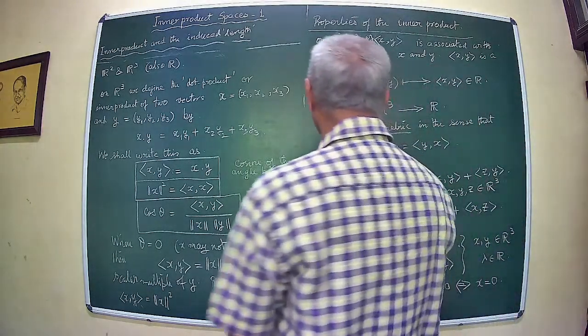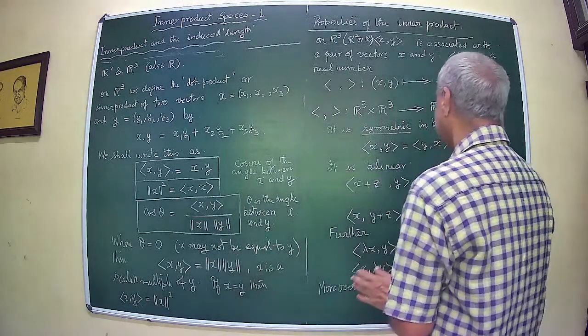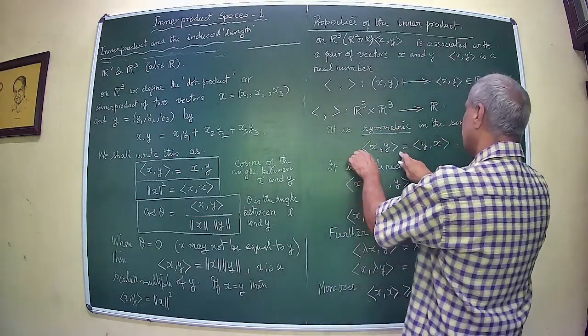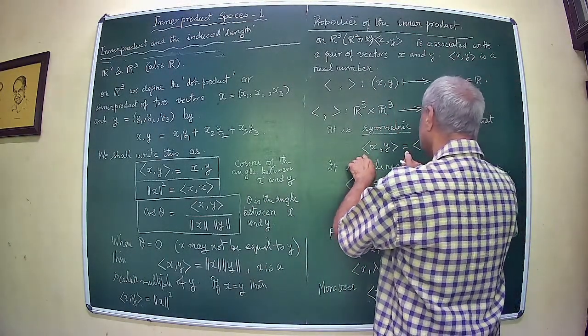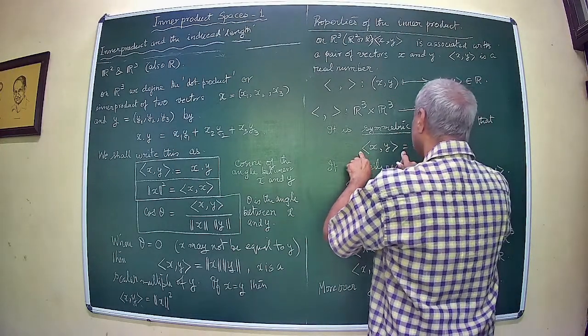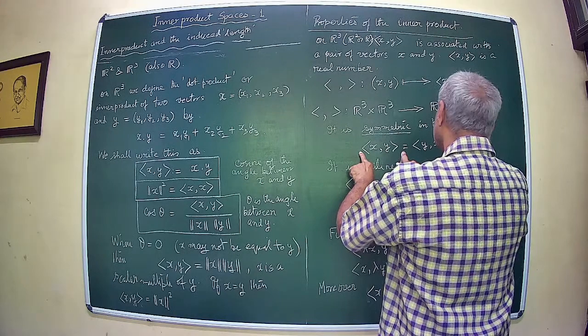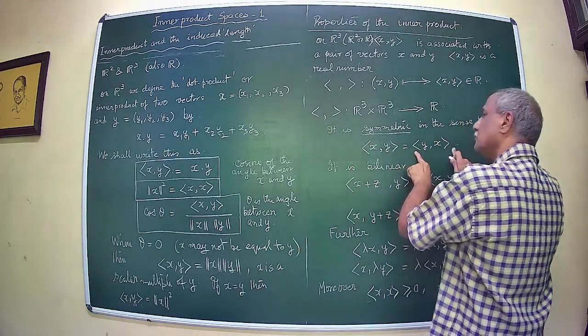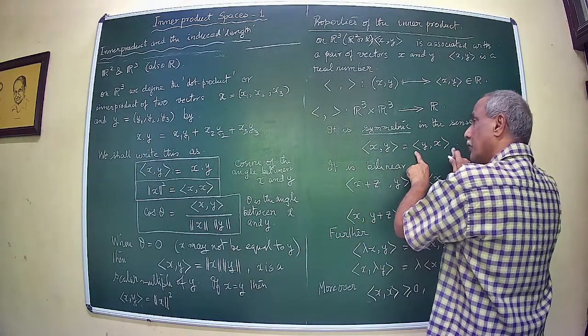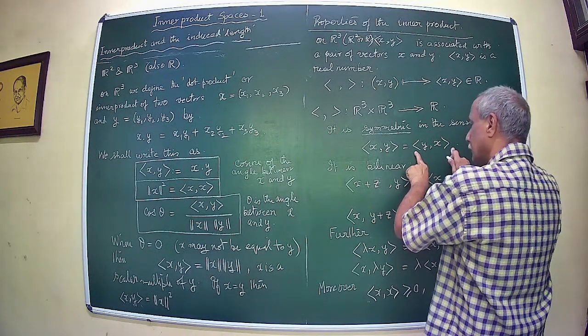The properties of this map is that, first of all, it is symmetric in the sense that the image of xy, the ordered pair xy, is the same as the image of the ordered pair yx under this map.